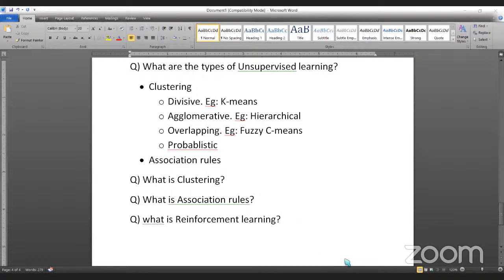What is reinforcement learning? Reinforcement learning is defined as a machine learning method that is concerned with how a learning agent or a software agent acts in an environment or takes actions in an environment.